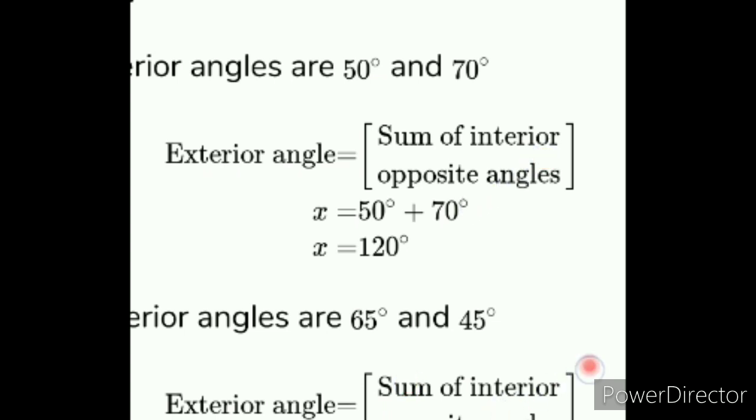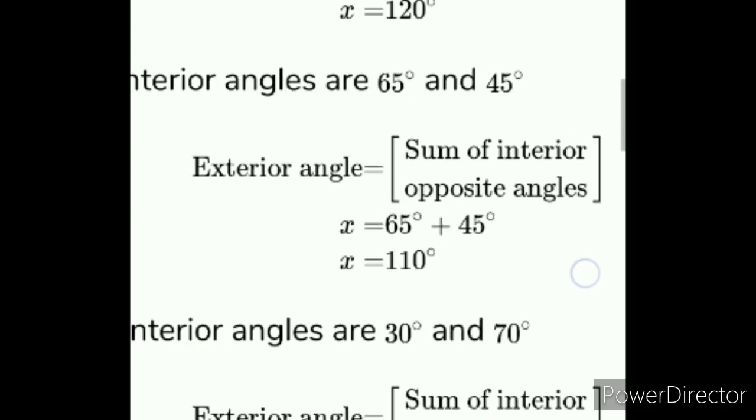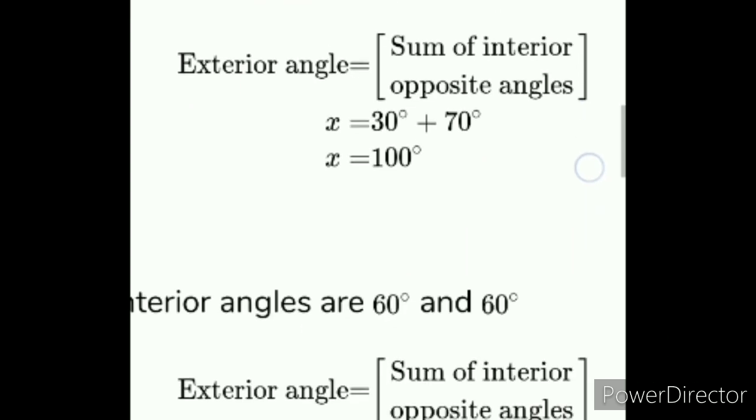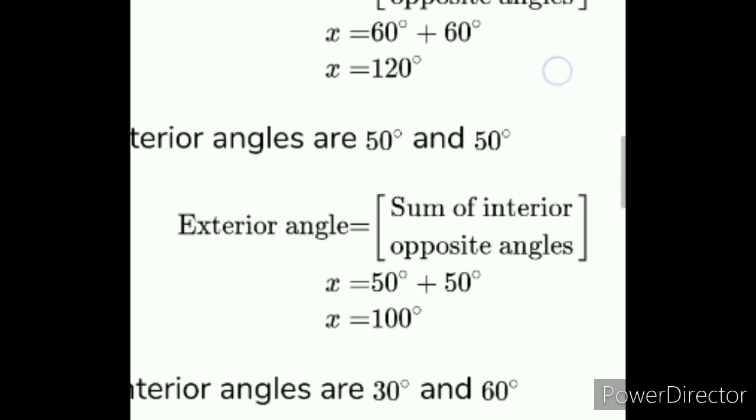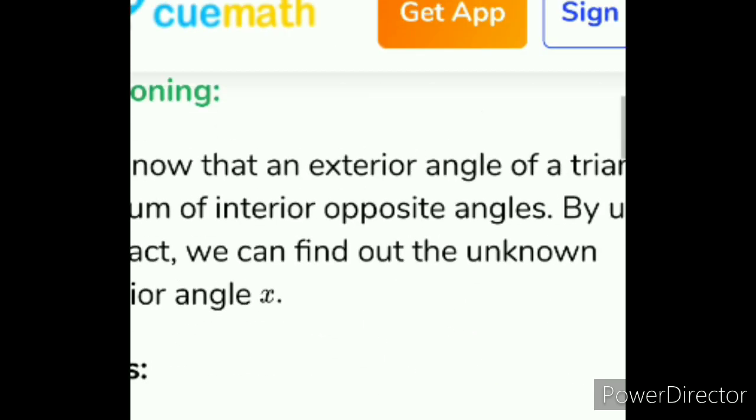For each problem you should write this property: the exterior angle is equal to the sum of interior opposite angles. You can do the remaining problems yourself because you learnt the exterior angle property, isn't it? In all the answers you should write this exterior angle property.